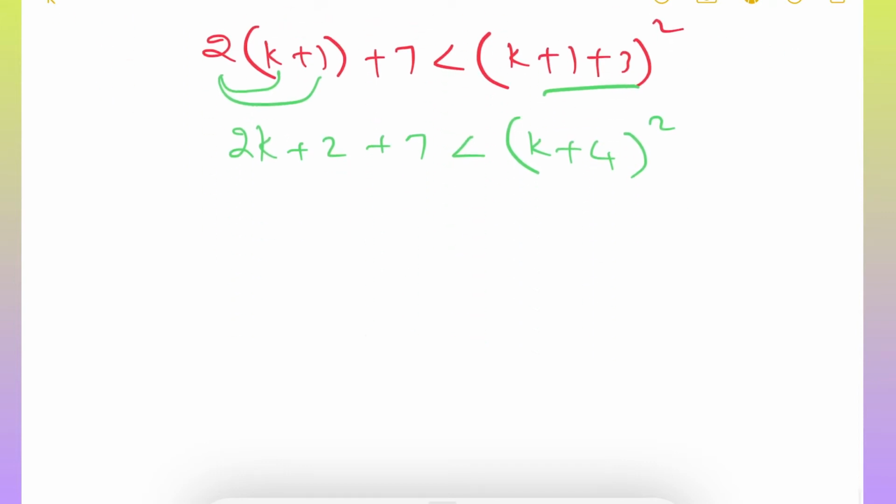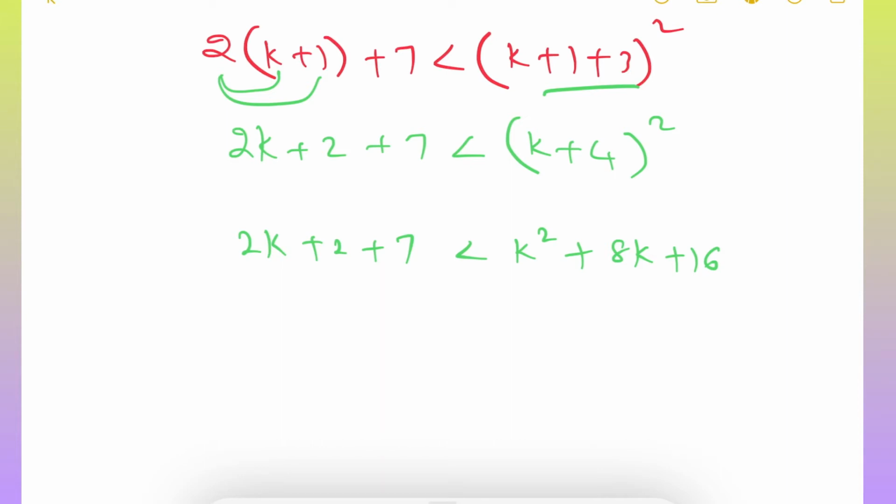That is 2k plus 2 plus 7 is less than (k plus 4) whole square, which is in the form of (a plus b) whole square. If we expand it, we get k square plus 8k plus 16. We need to show that this is less than k square plus 8k plus 16.